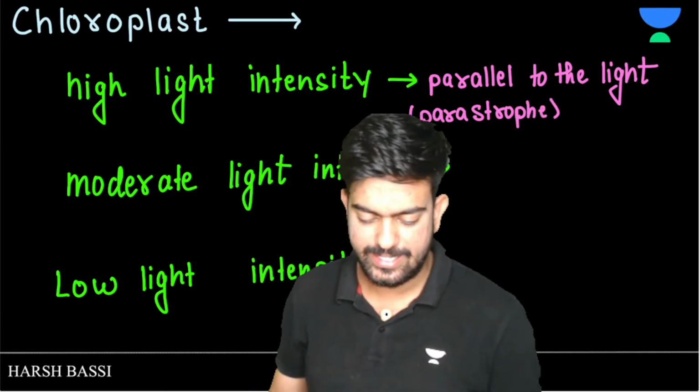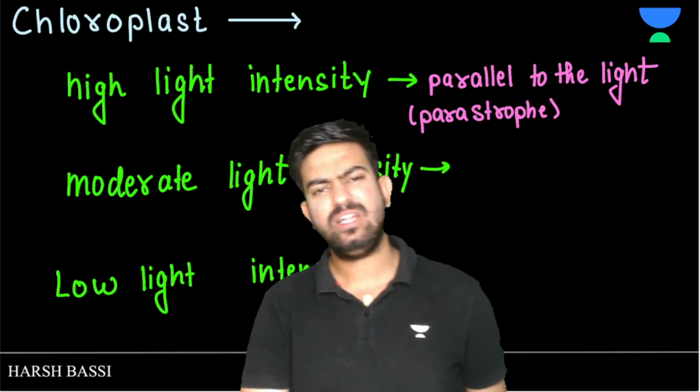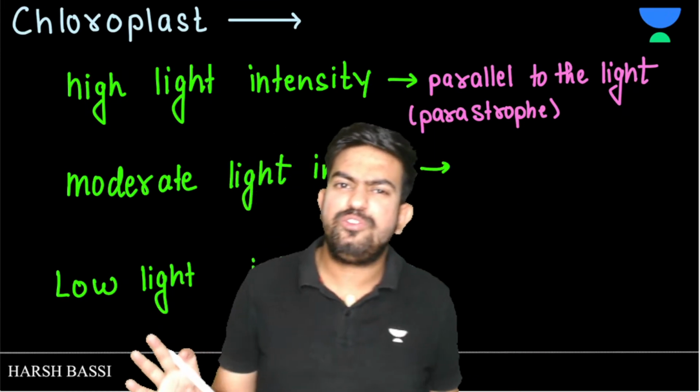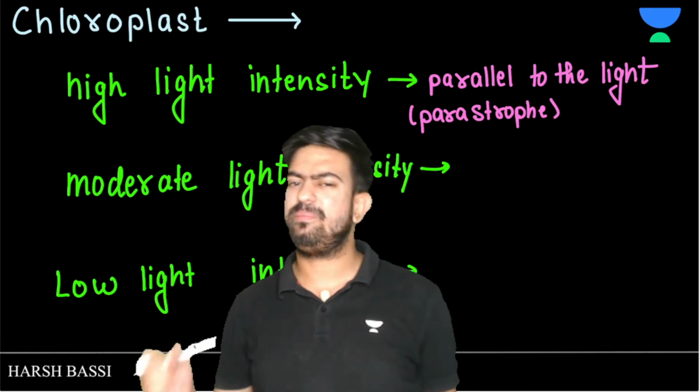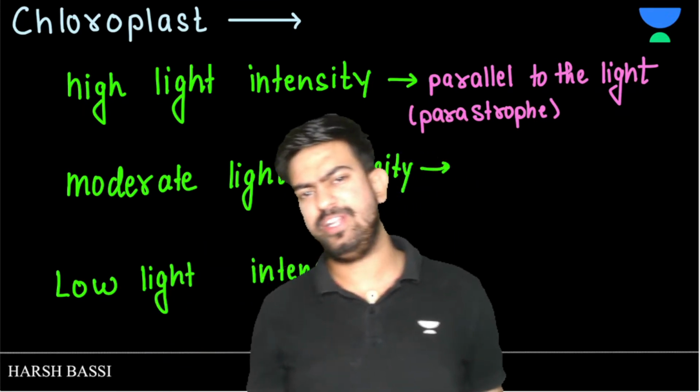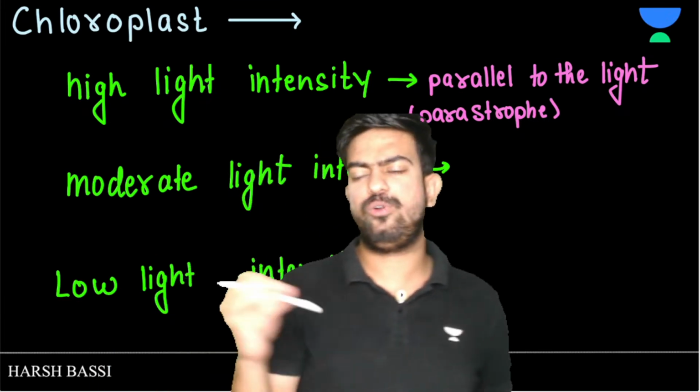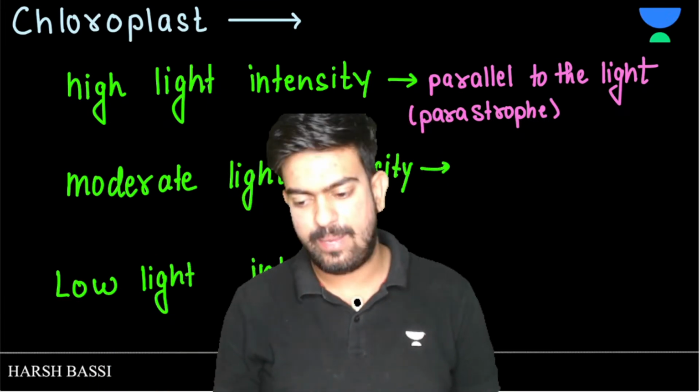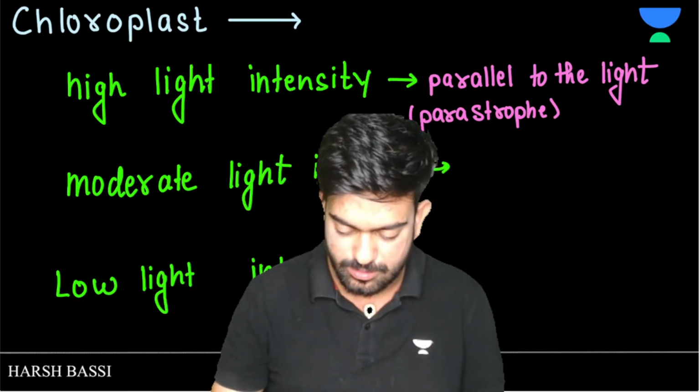Clear? Great, sir. Okay. Now in moderate, what? The chloroplast is chill pill. Nothing will happen. Whatever the amount of light is, it's moderate. So we can go anywhere, we can roam here and there. So in moderate, what happens? Anywhere, just randomly distributed.